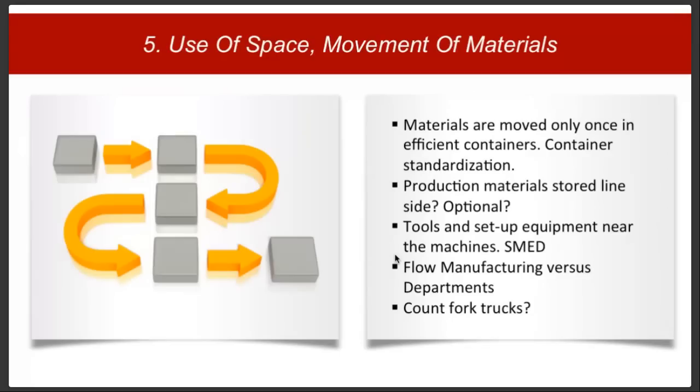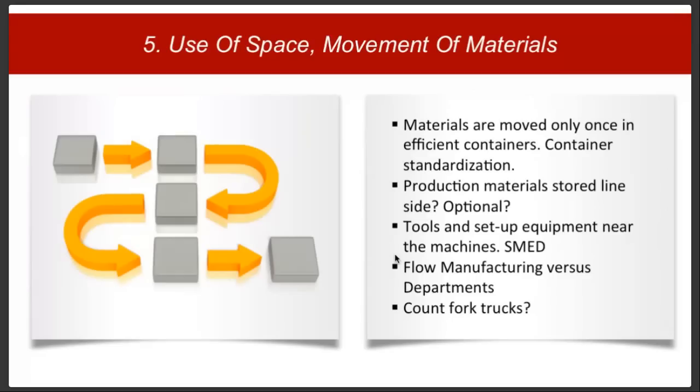Now we're looking to see how things move. How is the space used? When materials take off from wherever they take off, a supermarket, a warehouse, a shelf, something, right? How do they arrive to the line? Are they put down and picked up multiple times?